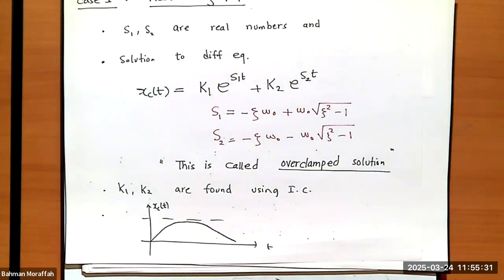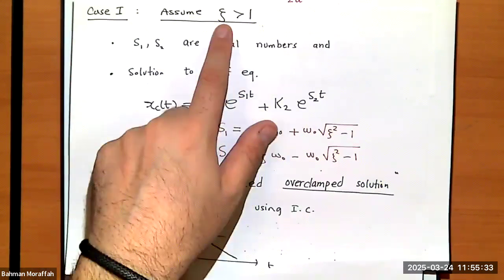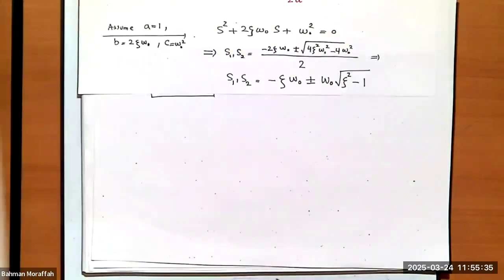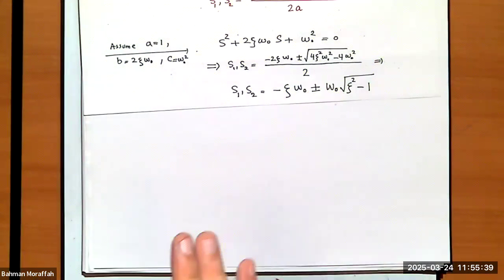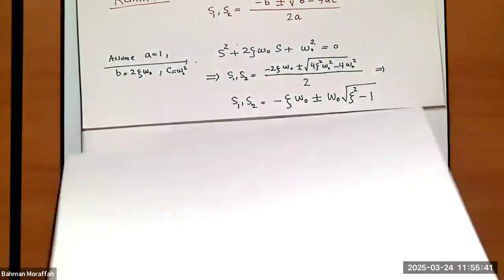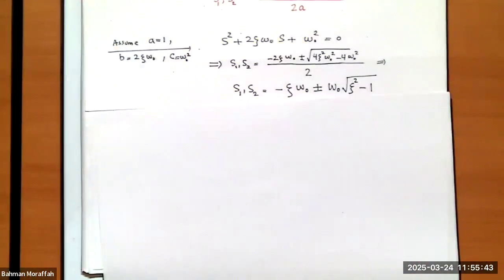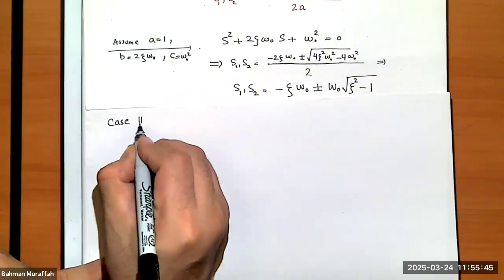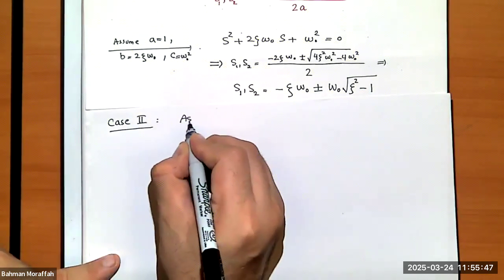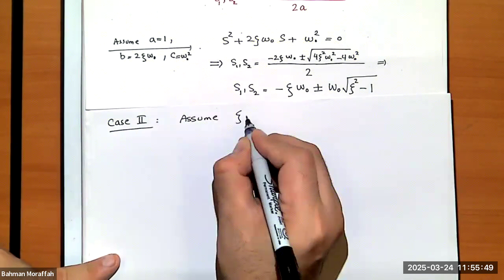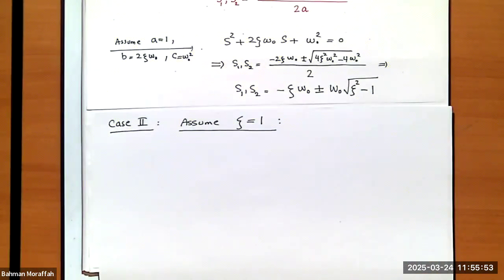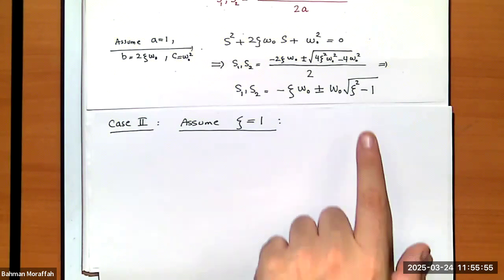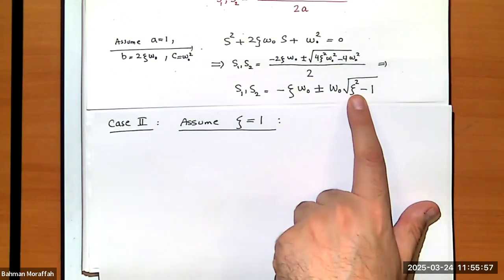How about zeta equals 1? Let's call it case 2. Assume zeta equals 1. What happens if zeta is 1? What I have underneath the square root is 0.